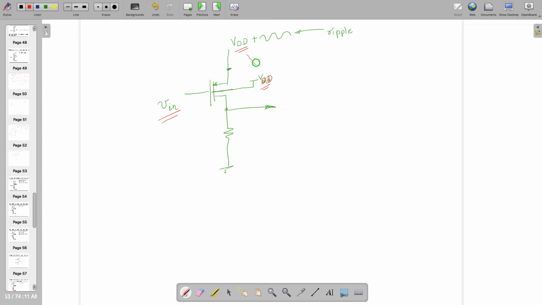So second number source, and this is third number. But as we are doing the small signal AC analysis, we are not going to consider this DC. So in that case, this becomes an amplifier which has two sources, right?